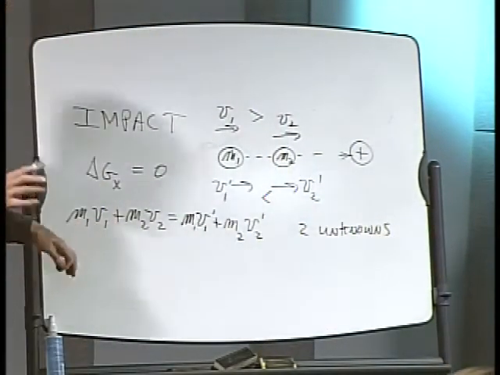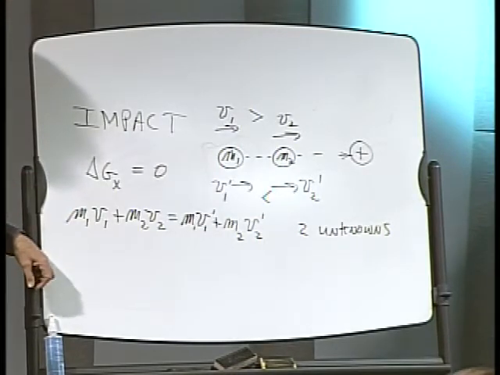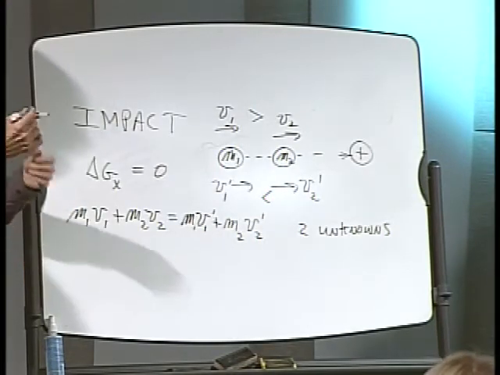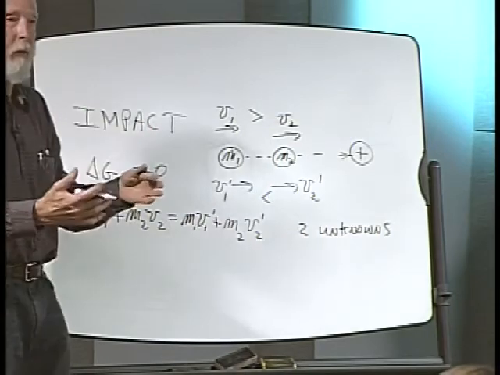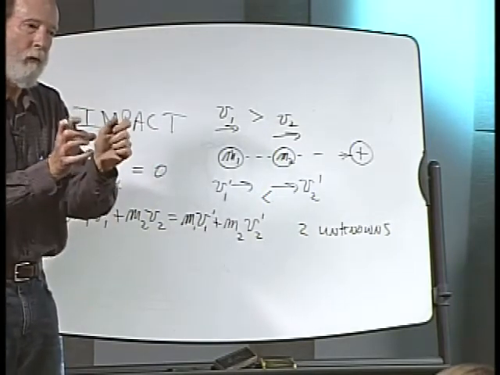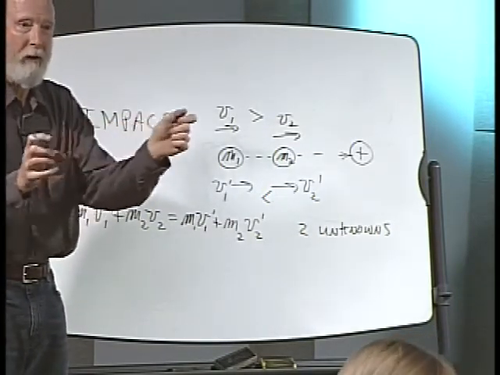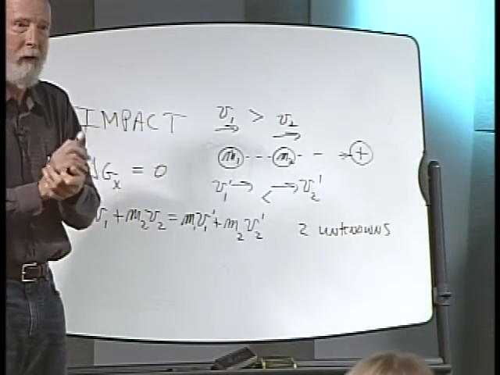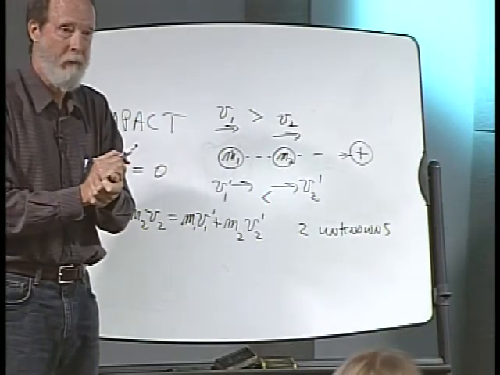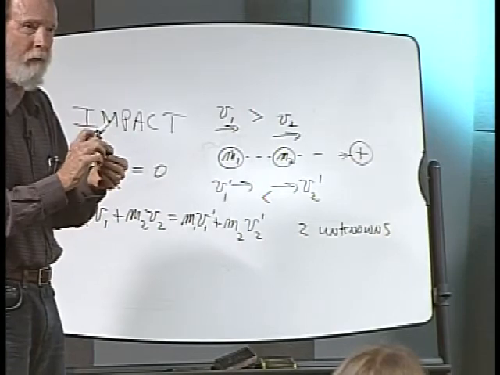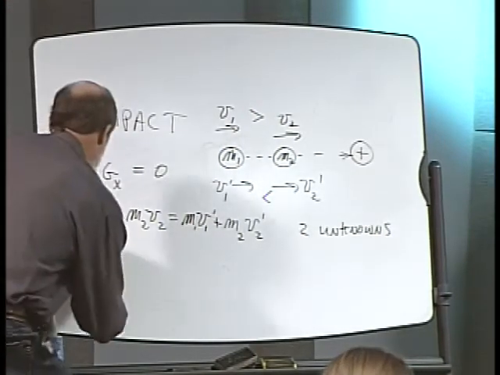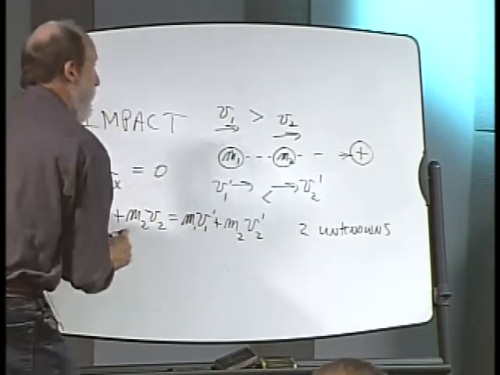So we need another piece of information, and that has to do with the ability of the masses to recover or not recover their character, their shape. That's a measure of the elasticity. And so there is something called a coefficient of restitution.